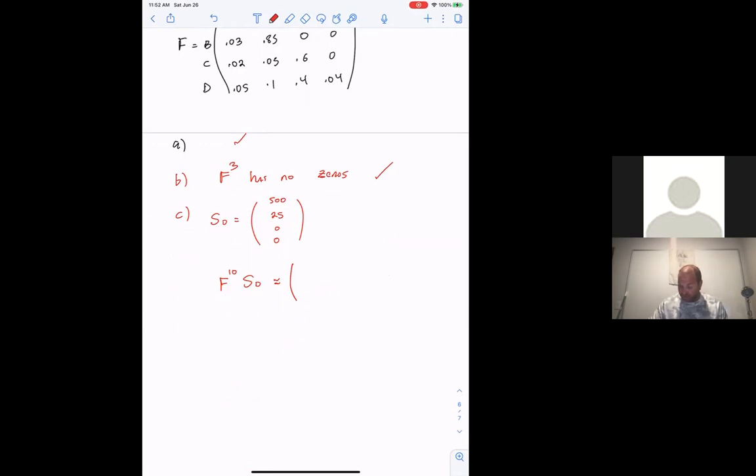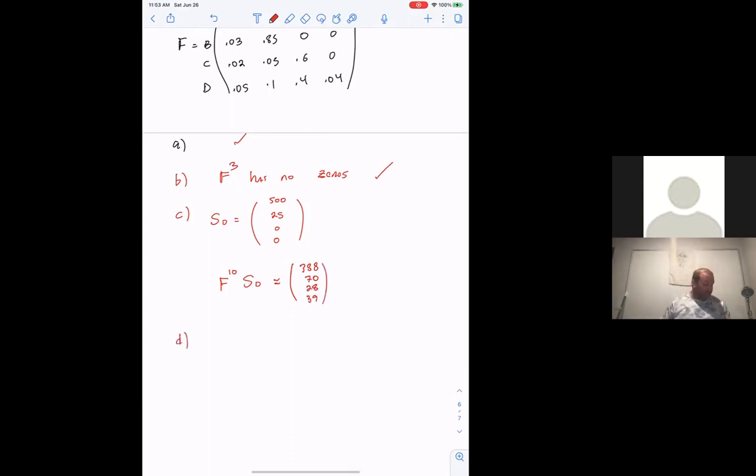Okay, and then multiply it by my new matrix H. Okay, to the 10th power times H gives me 388 approximately, 70 approximately, 28 approximately, 39 approximately.